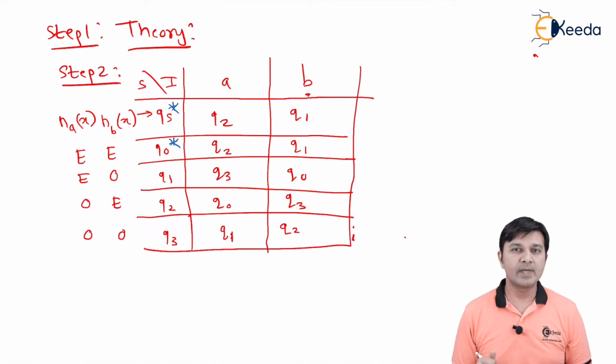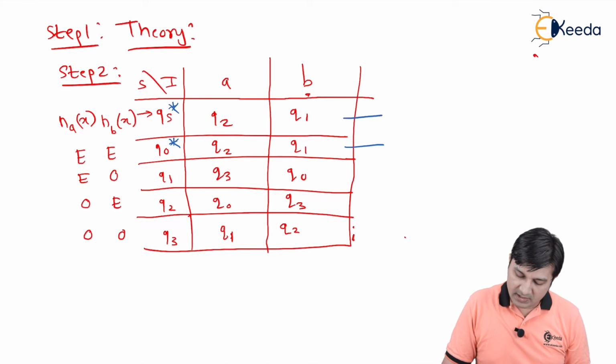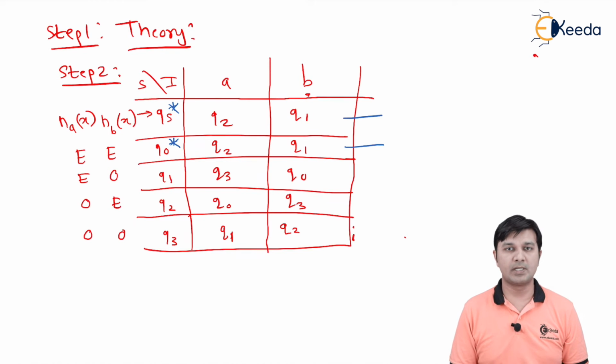So every time making a DFA is not going to fetch you the marks. You have to go for minimized DFA. And for minimized DFA, we have to look for what can be merged. If I say QS and Q0 are marked as the final states, and I look at the transitions of QS and Q0, they are Q2, Q1 and Q2, Q1 respectively.